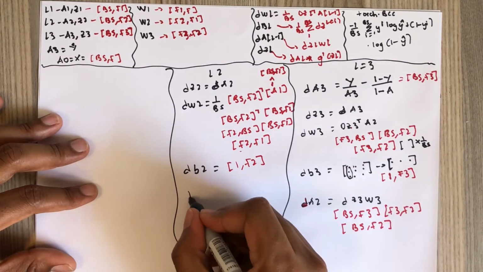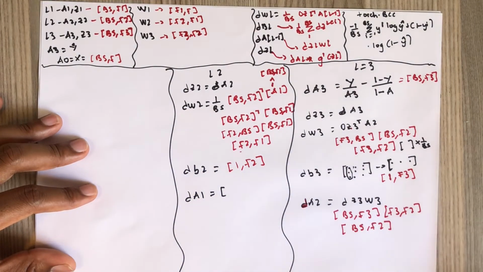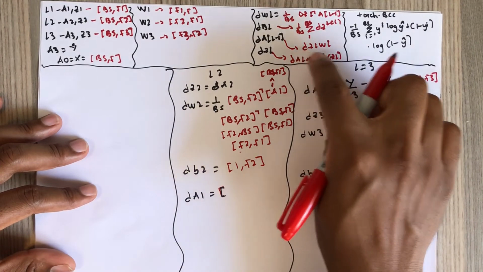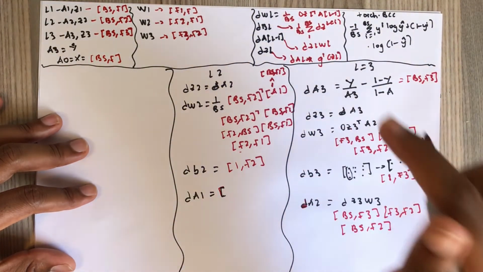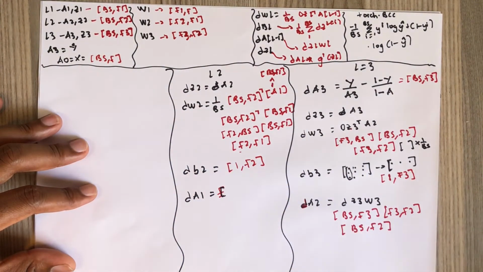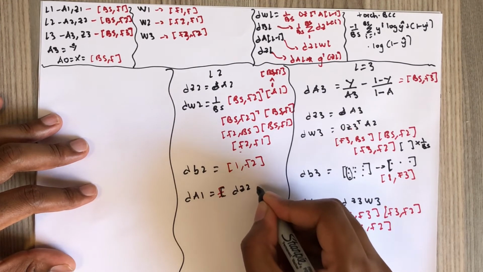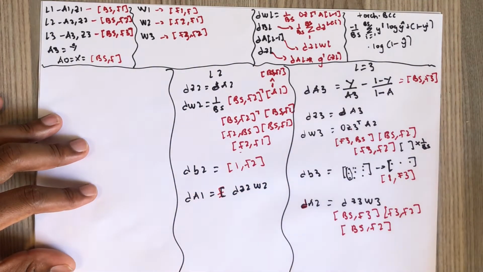Okay, then the A1. What is the A1? Well, the A1 says dZ2 times W2. Actually, let me write it like this. What is dz2?